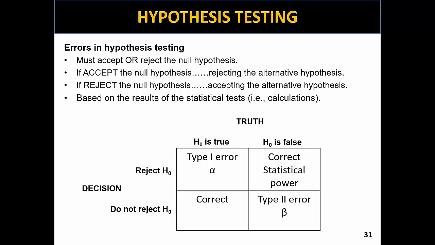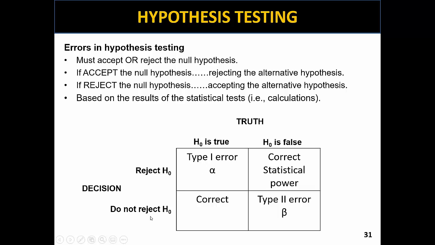The two types of error that we will discuss, the one that is used most commonly is what's called a type 1 error. A type 1 error occurs when we reject the null hypothesis when it is in fact true, when we should be accepting it. The symbol alpha is used to signify a type 1 error.